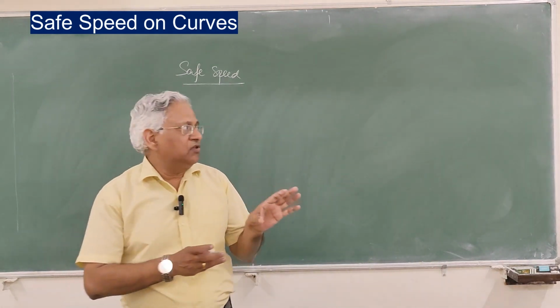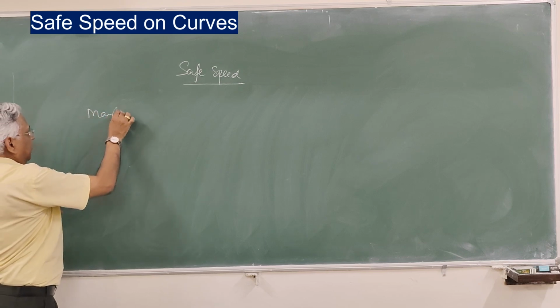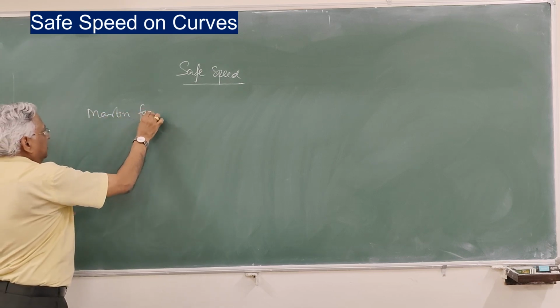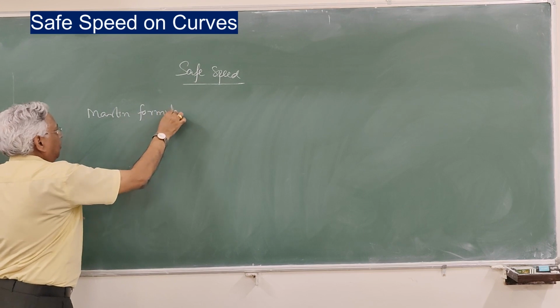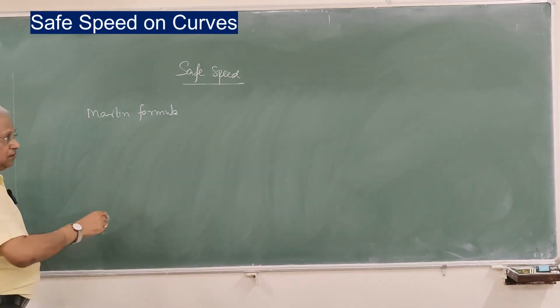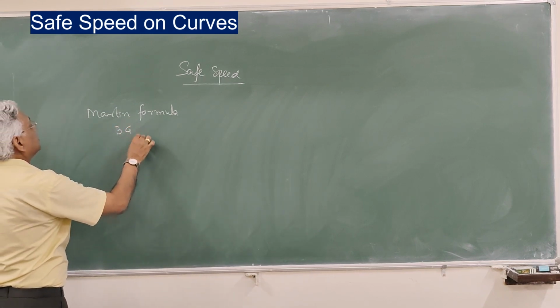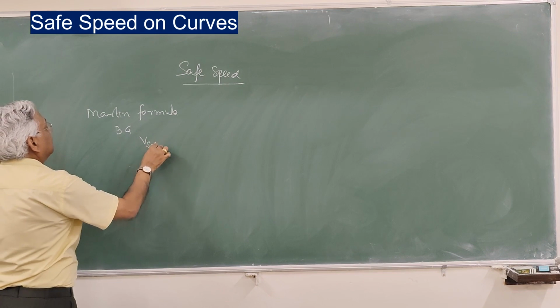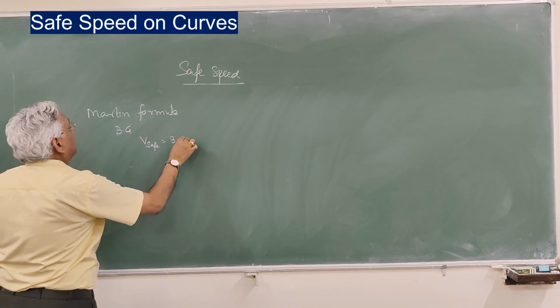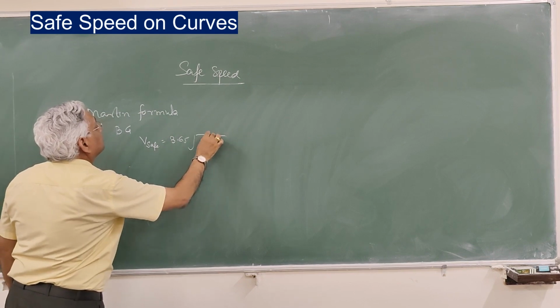Earlier, Martin's equations were used on Indian Railways to calculate the safe speed on broad gauge line and meter gauge line. For broad gauge line, V safe is 3.65 square root of r minus 6.